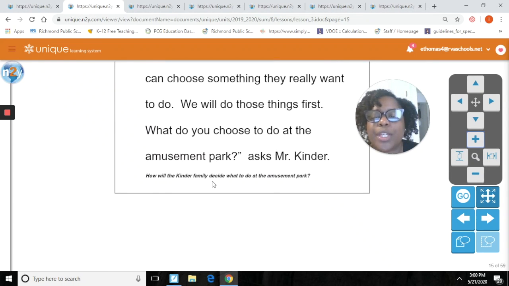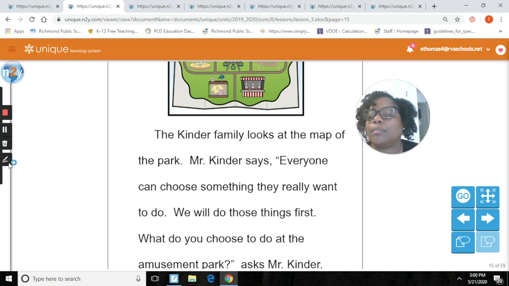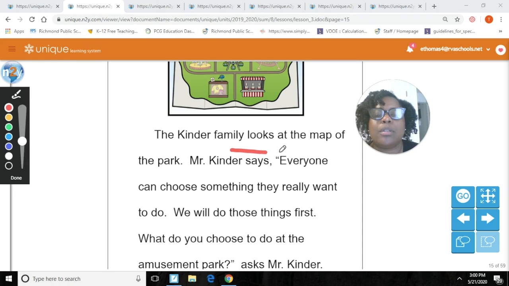It says, how will the Kinder family decide what to do at the amusement park? How will they decide? Think about that for a second. Did you say they're going to look at the map and everybody can, here's that key word, choose something they really want to do? They have to look at that map, right? Okay.